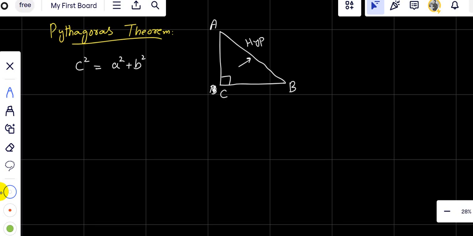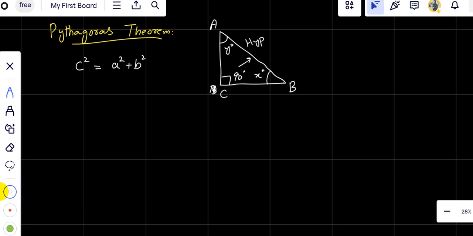Now, if this angle is 90 degrees, we still have these two other angles. Let's say I call this angle x, and this angle y degrees. Now it depends upon the angle, and depending upon that angle we can decide which side is opposite and which side is adjacent.